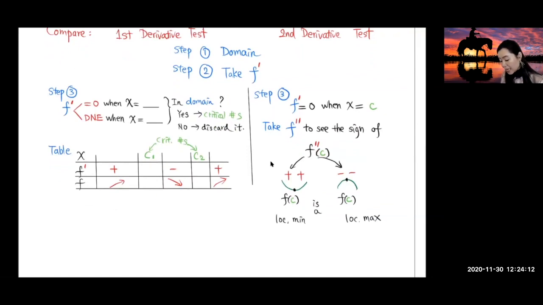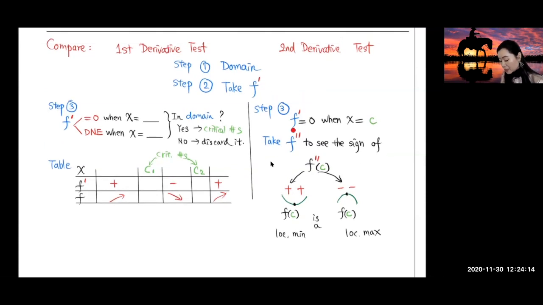For the second derivative test, you set the first derivative equal to 0, you find those numbers, and then you still need to find the sign of the second derivative at those numbers. If the second derivative is positive at that number, then the graph will be concave up nearby, so f of c is a local min. If the second derivative is negative at this c, then near this c the function will be concave down, so f of c will be a local max, right?